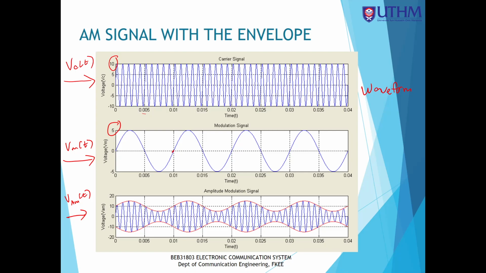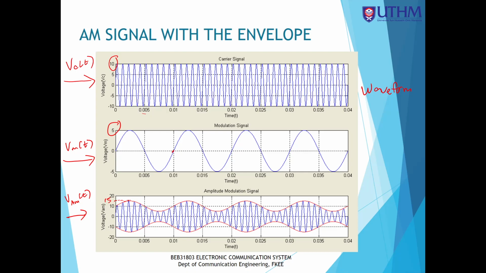The up and down of the carrier amplitude changed in accordance with the input message. And if you see from here, the maximum voltage is more than 10, around 15. So the resulting output maximum is going to be VC plus VM. So you're going to get 15 volt at the output maximum.